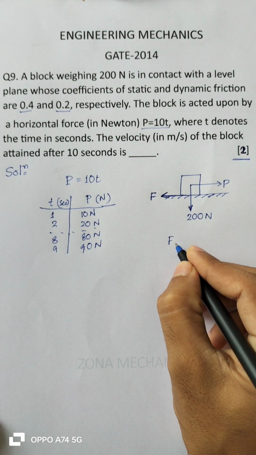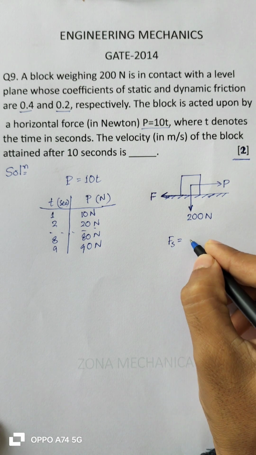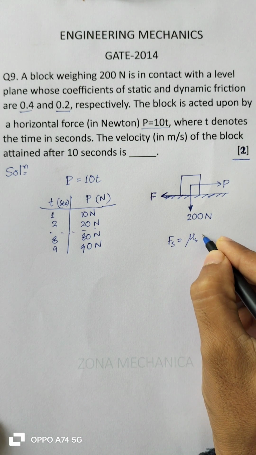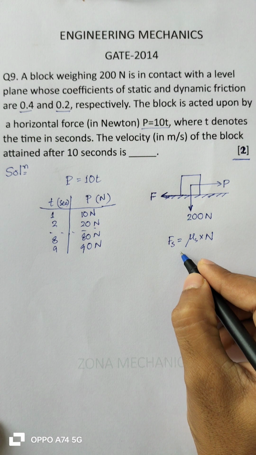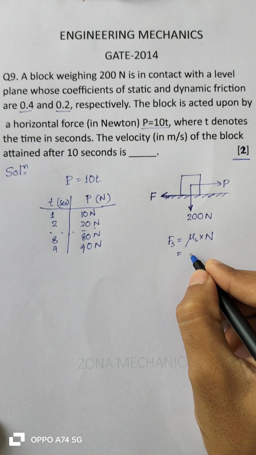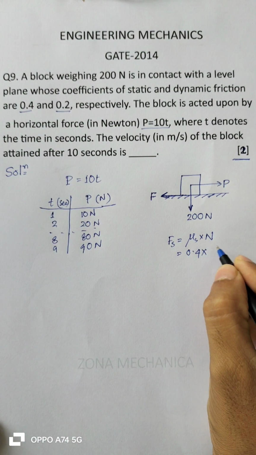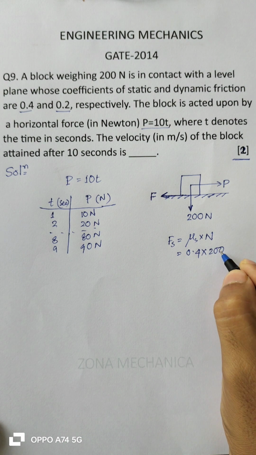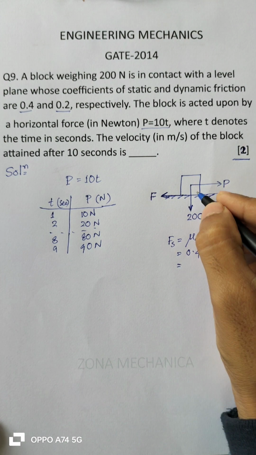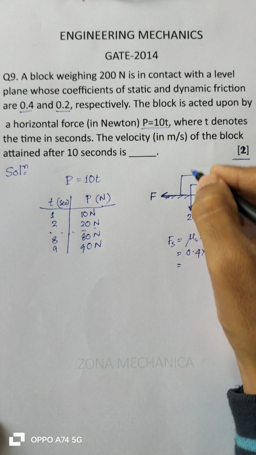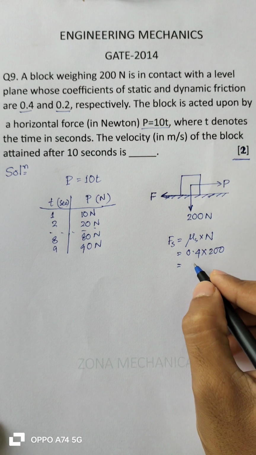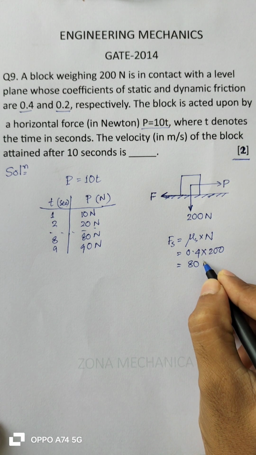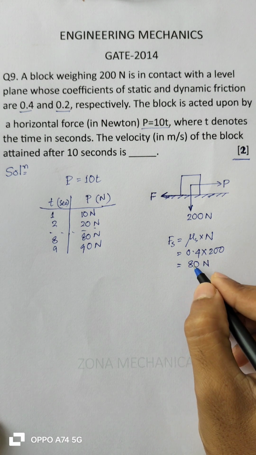So let Fs be the static friction, that is mu s into N. Mu s is 0.4 into 200 Newton. Since the weight is 200 Newton, the reaction will be the same. So that is 80 Newton. This is the limiting friction.